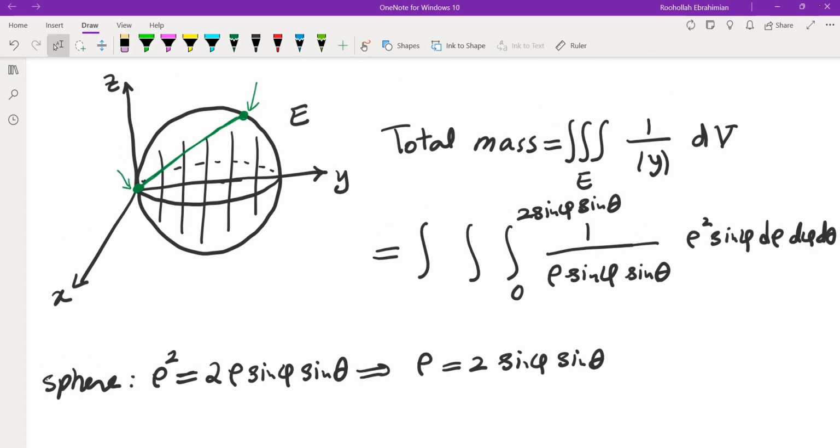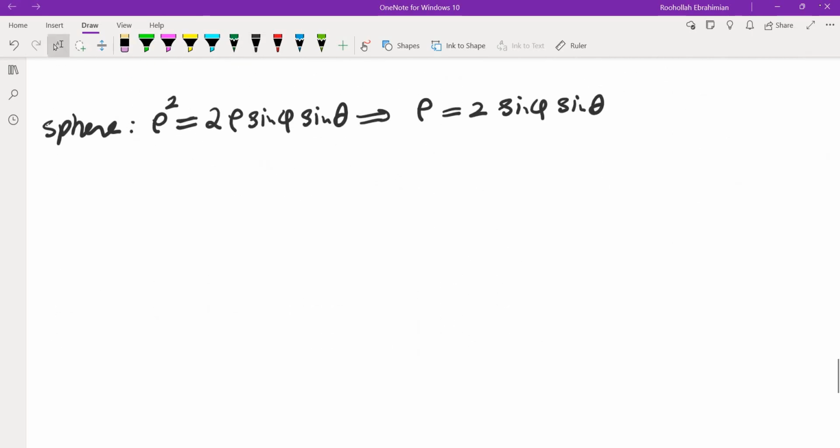Now, what are the limits of phi? The smallest value of angle phi would be here, and the largest would be on the other side. So angles would go all the way from 0 to pi. And what about theta? For theta, we'll have to look at the projection onto the xy plane.